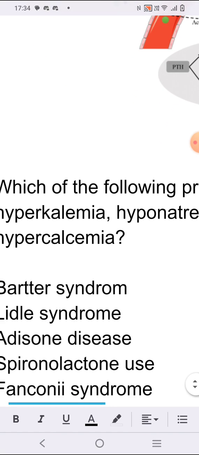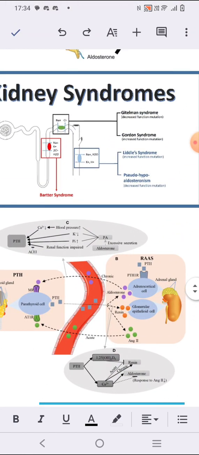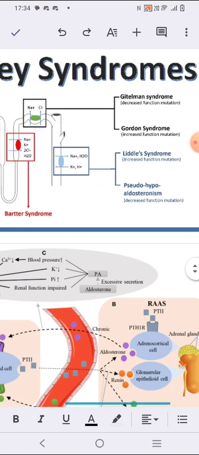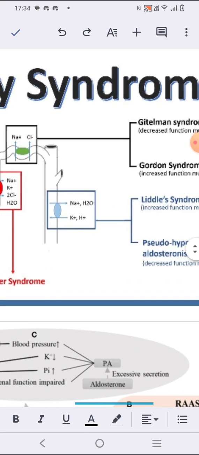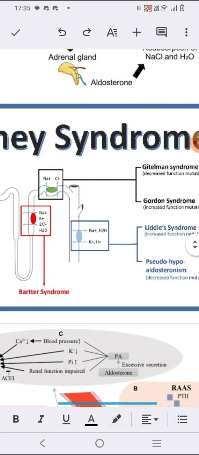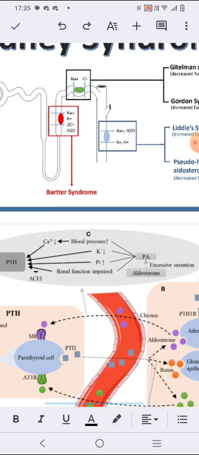What about spironolactone? Spironolactone actually inhibits the aldosterone receptors in the collecting duct, so you have the opposite reaction to aldosterone, increasing potassium and decreasing everything else, right, including calcium. Calcium can be low or normal here.